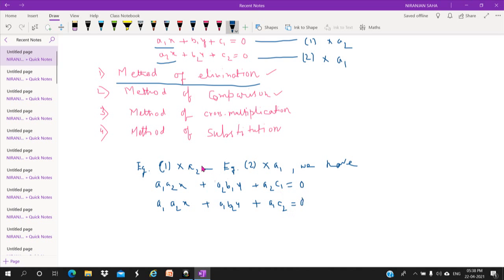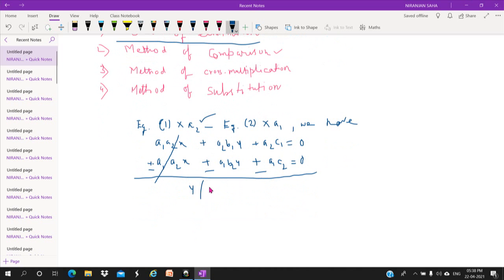Now we have to do subtraction. So we change the sign of the lower equation. This is positive, it will be negative; this will be negative; this will be negative. These are the same terms with opposite sign, so they cancel, and here we get y in common.